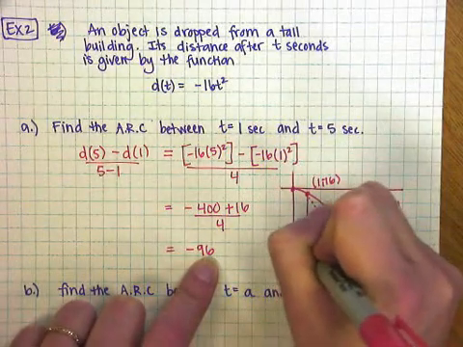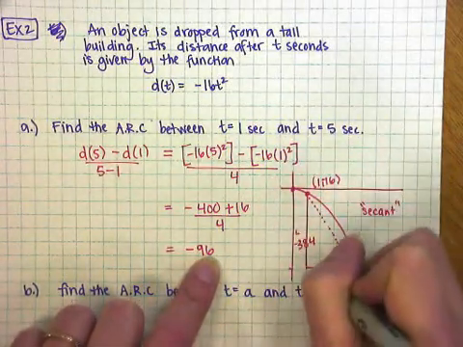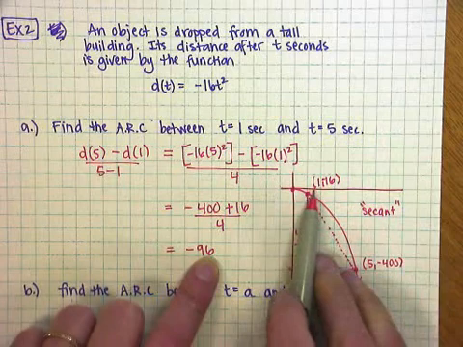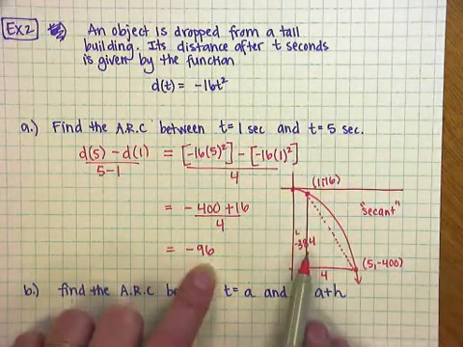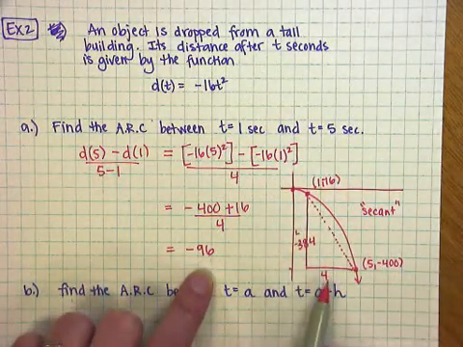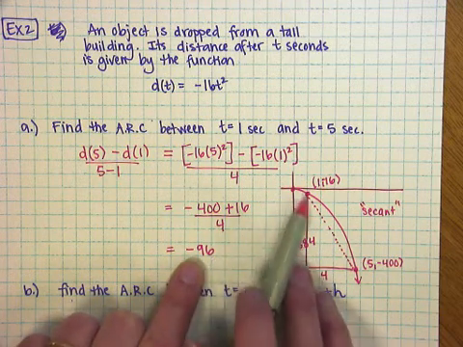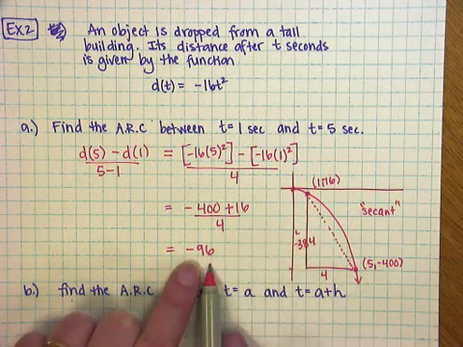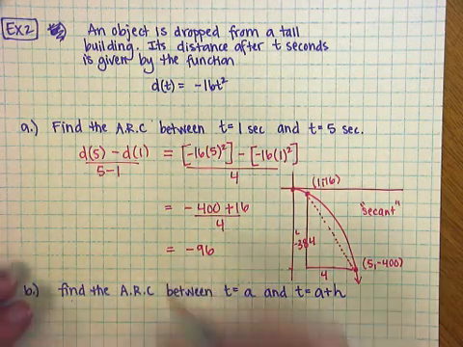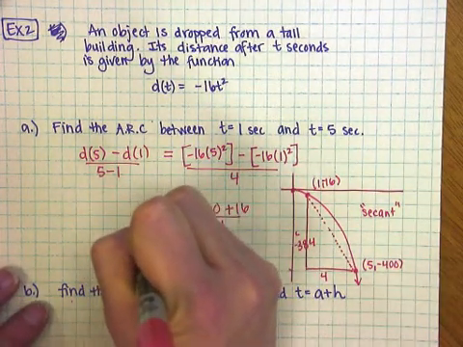So it went down 384. It ran 4, because from 1 to 5 is 4. And if you do the division here, negative 384 divided by 4 should give you negative 96. So negative tells me it's going down, and it tells me it's pretty steep. So here's your average rate of change.